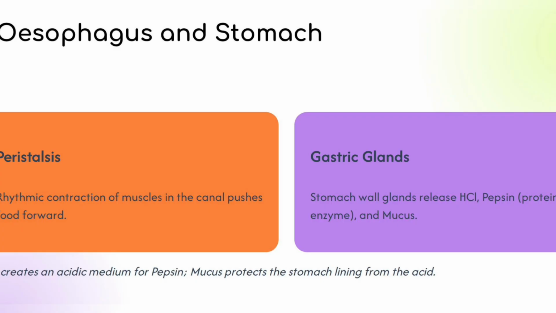HCl makes the medium acidic so that enzymes can work, pepsin is an enzyme that digests proteins, and mucus protects the inner lining of the stomach from the strong acid. If mucus is less, the acidity can damage the stomach walls and cause acidity. So, mucus is very important.